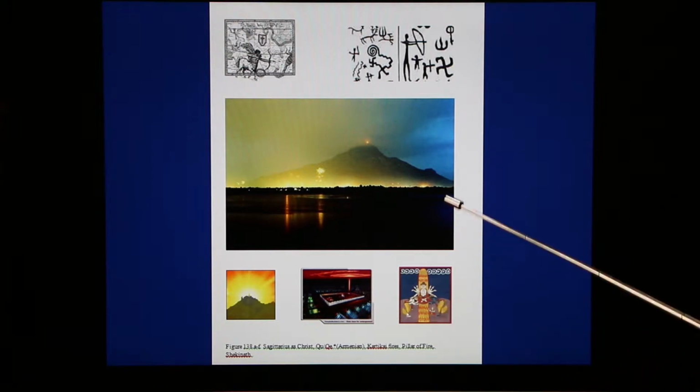Now, fascinatingly enough, here's a picture of Shiva as the pillar of light. And here in the Hebrew tradition, you have the notion of the Shekinah, of a pillar of light going off into heaven. And so there are very curious parallels between the stories of the Hebrews, the Christians, and the Hindus at a very deep level.